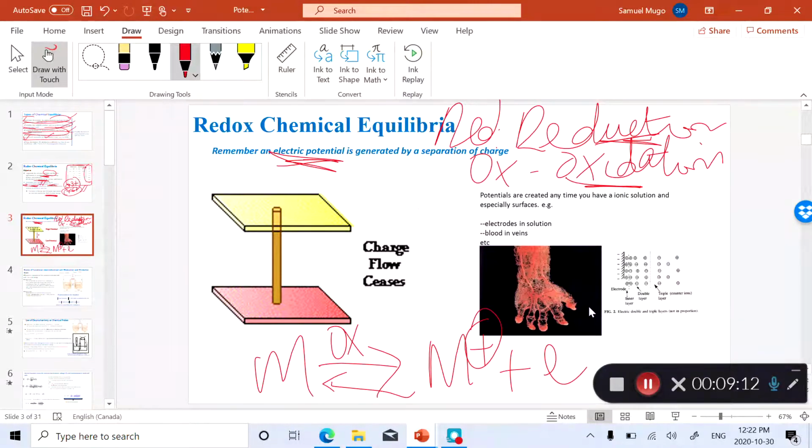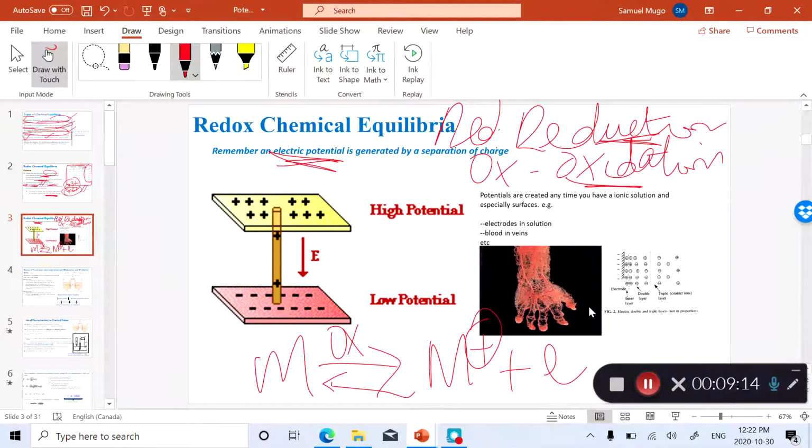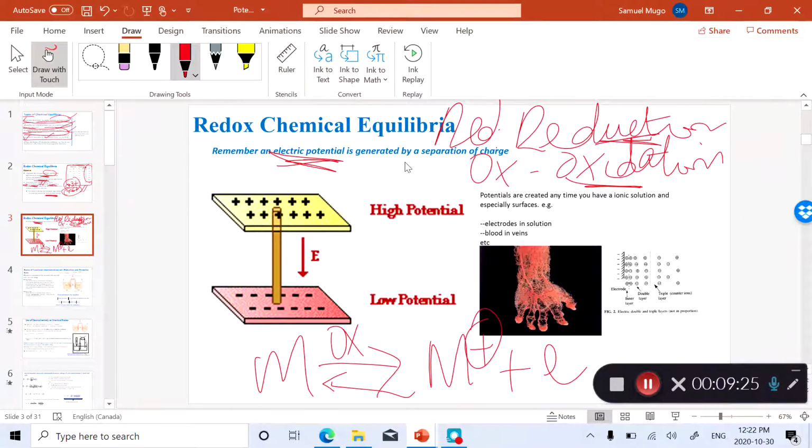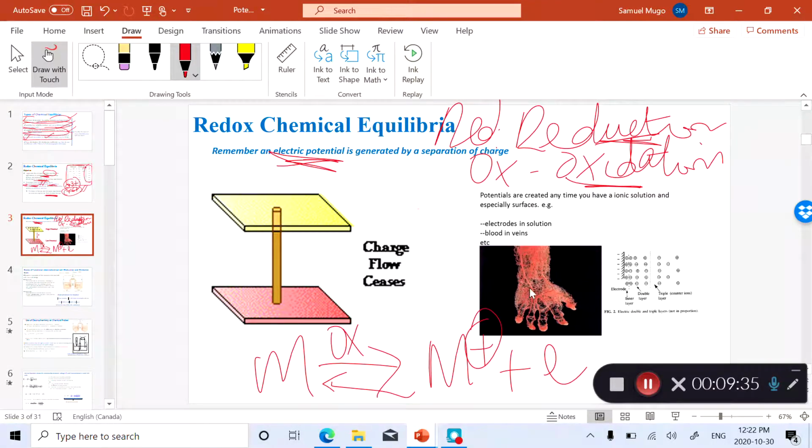And again, all that induces charge separation as the ions migrate between different membranes in our bodies. And so you can see electrochemistry or redox equilibria becomes very relevant as far as migration of ions or metabolites in our bodies.